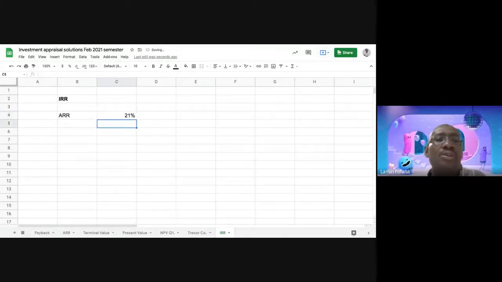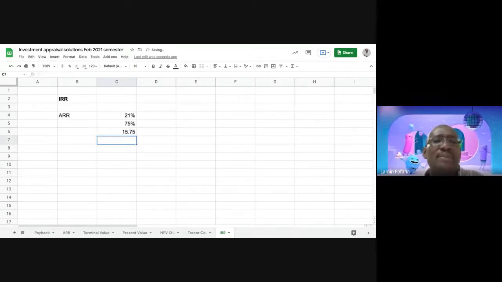Okay, so we're going to calculate 2/3 of this. Let's say 75% of this. So if we calculate 75% of this, let's see what that turns out to be. That's 21 multiplied by 0.75, for example.